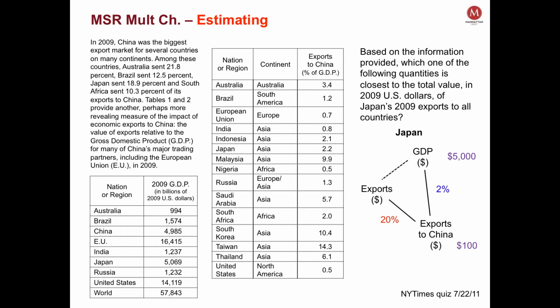And then I look up in the third chart, exports to China as a percentage of GDP. I might say 2.2%, round that to 2%, and say, okay, so that's 100 for exports to China. Okay, so if 100 is 20%, then I would think 500, and I might pick C, but I would have just been trapped. All right.